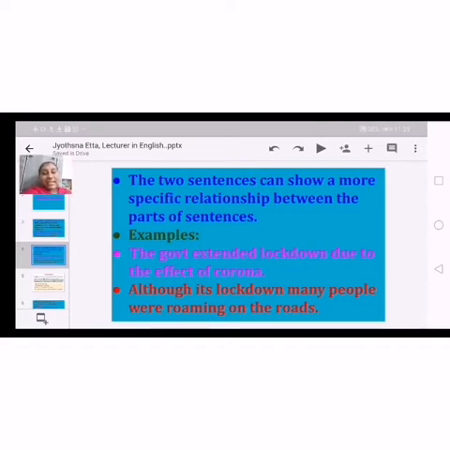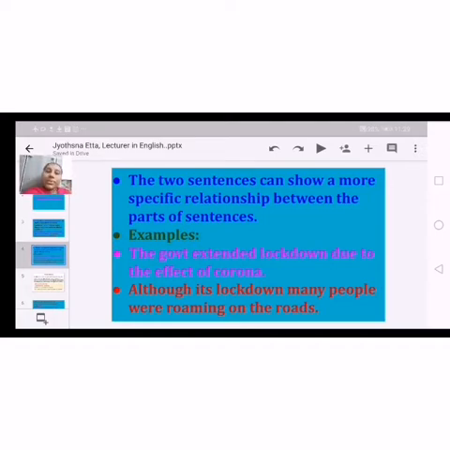Then we made a sentence. Although it's lockdown, many people were roaming on the roads. So one is a situation and one is a result or cause. If you observe these two examples, the two sentences have a relationship with each other.